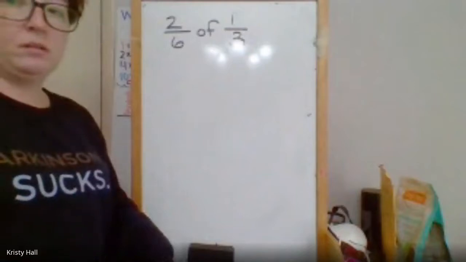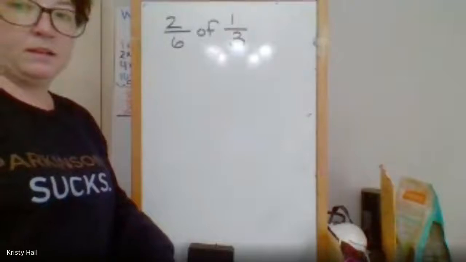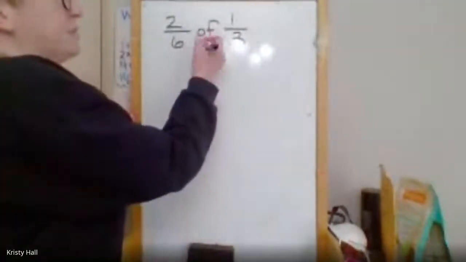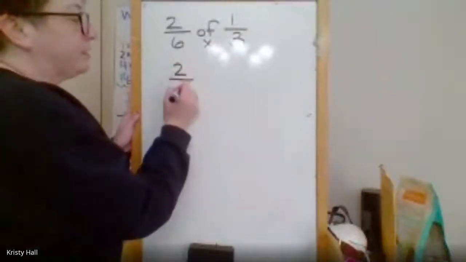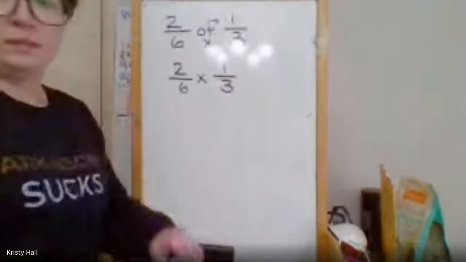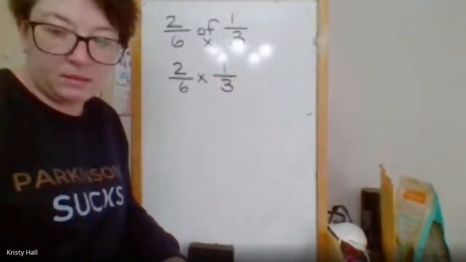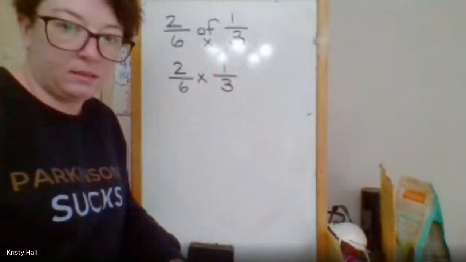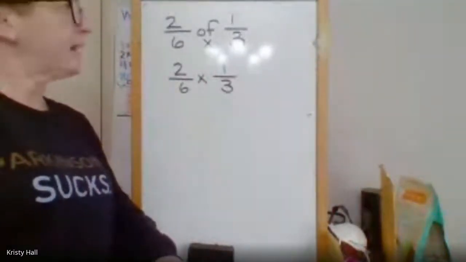Yeah, it's asking us to multiply 2/6 times 1/3. Exactly. Of means multiply. Remember that? So I'm going to rewrite it now as 2/6 times 1/3.